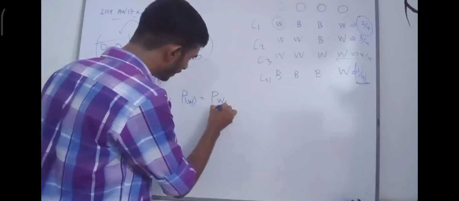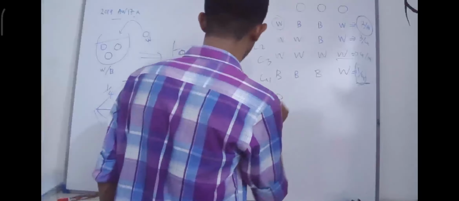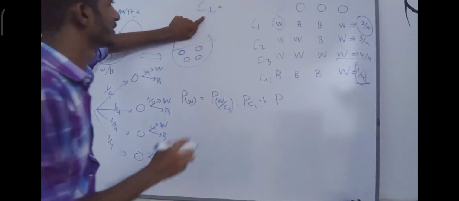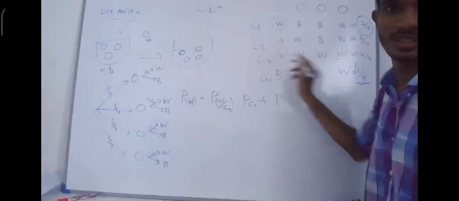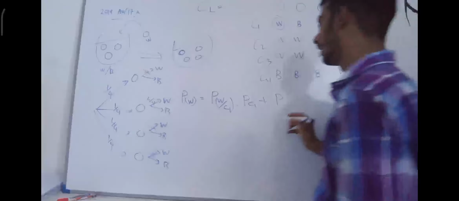So the probability of being white is the probability of white when composition 1 is selected into the probability of composition 1, plus... I am going to denote the composition as Ci, where i starts from 1 to 4. But you can write it in any other way. You can use summation symbols, otherwise you can just write the equation like this and do the questions.